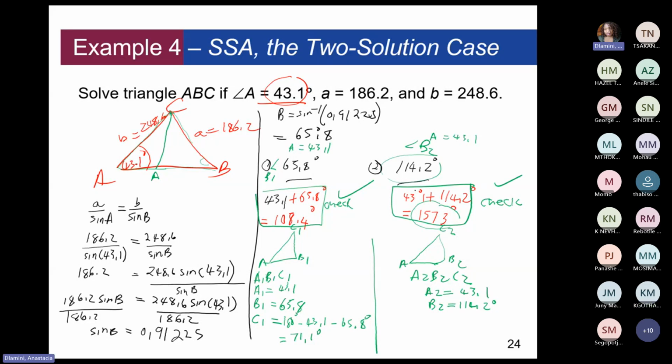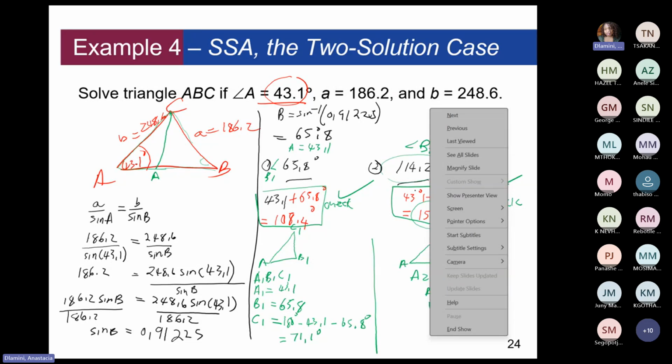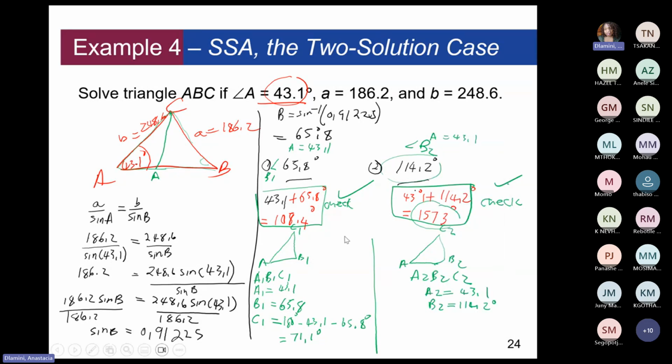So if you have both cases, it means that your angle has formed another triangle now. So it means you have two cases. Do you see that? And how do you check your cases? You check your cases in such a way that you take A, add the first case B, then take A, add the second case B. If both of them are less than 180, it means now you have two new triangles.